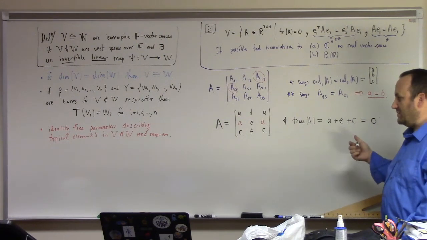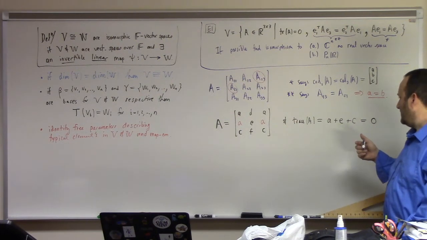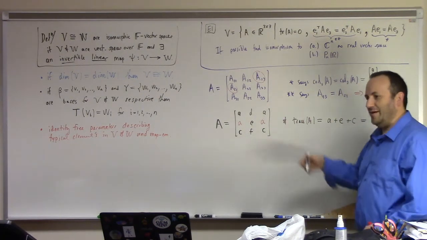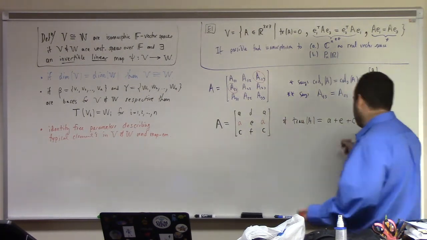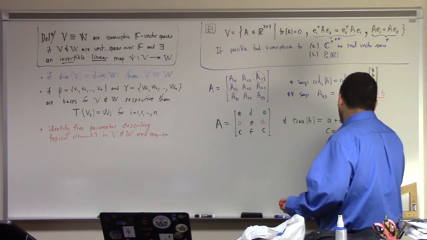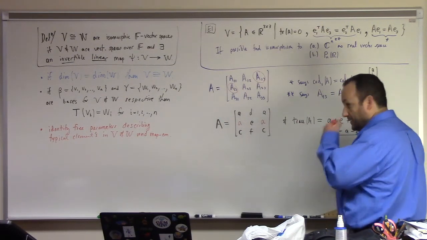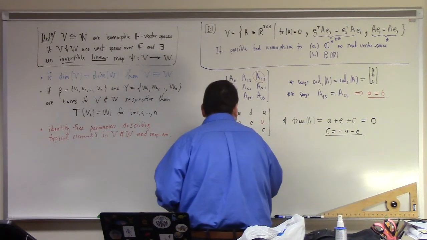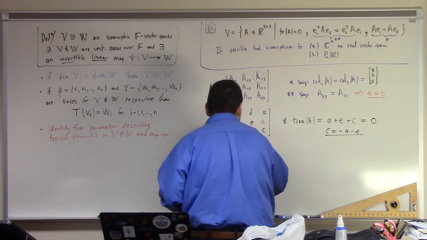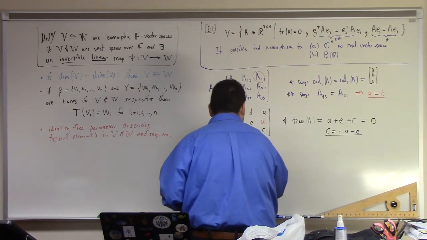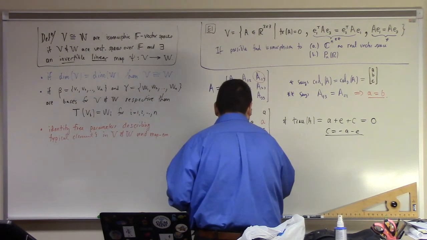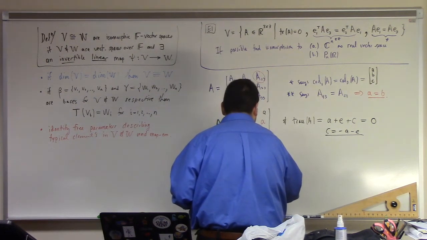I guess I'll get rid of c. So c is equal to minus a minus e, let's say. And so generically speaking, I have A equal to the matrix with rows a, d, a; e, a, minus a minus e; f, minus a minus e.